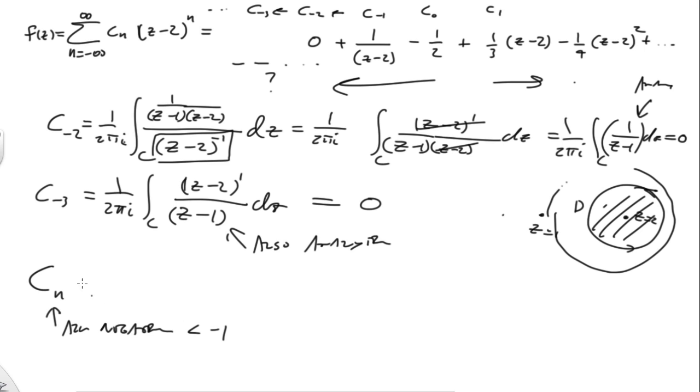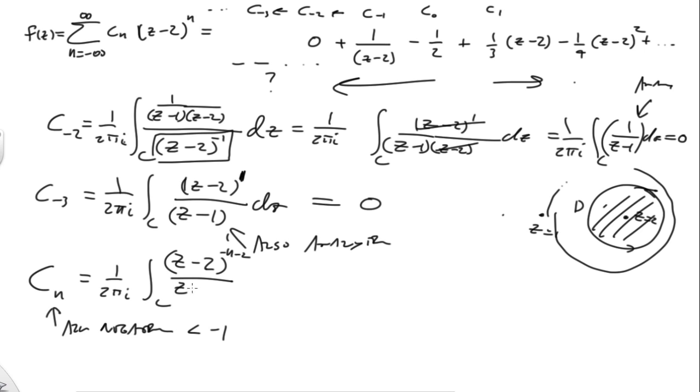less than negative 1, it's going to be 1 over 2 pi i integral c of z to the z minus 2 to this. So we had a 1 power there for the negative 3. So of course you're going to have a negative n minus 2, right? That makes sense then.